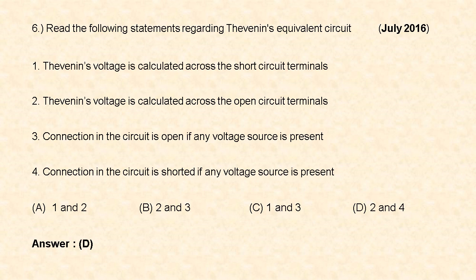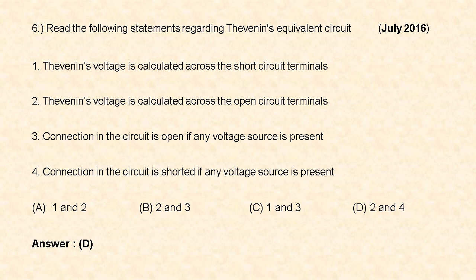Next question is, read the following statements regarding Thevenin's equivalent circuit. This question was asked in July 2016. So the statements are: 1, Thevenin's voltage is calculated across the short circuit terminals. 2, Thevenin's voltage is calculated across the open circuit terminals. 3, connection in the circuit is open if any voltage source is present. 4, connection in the circuit is shorted if any voltage source is present.